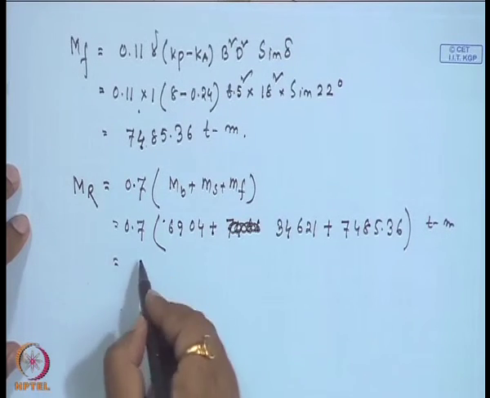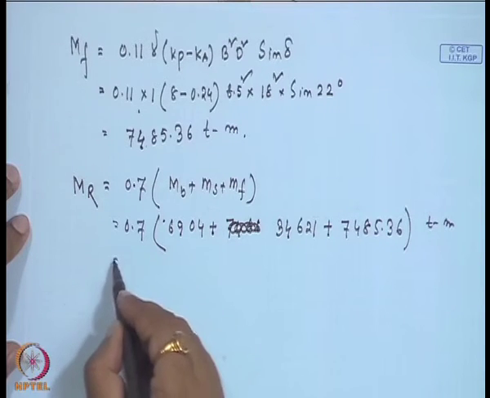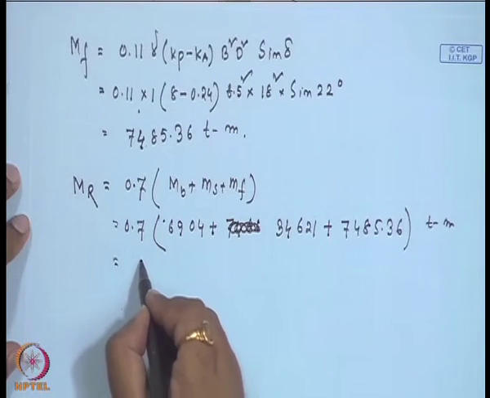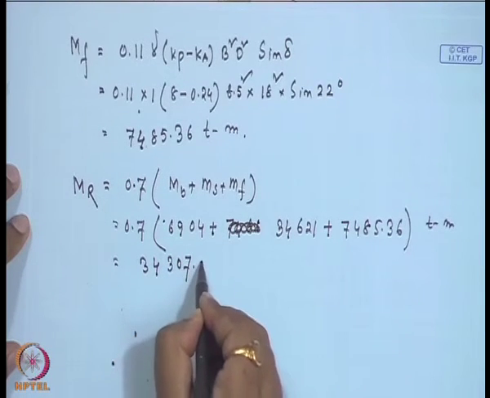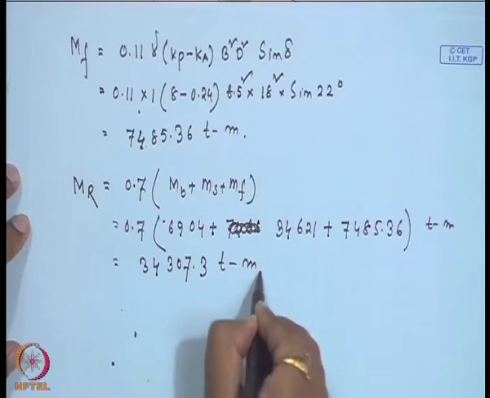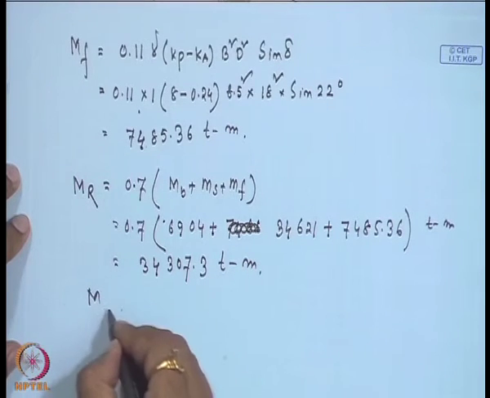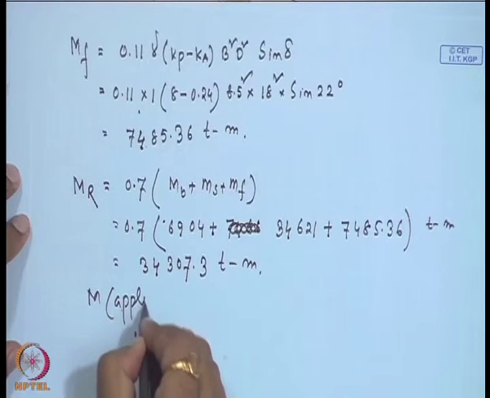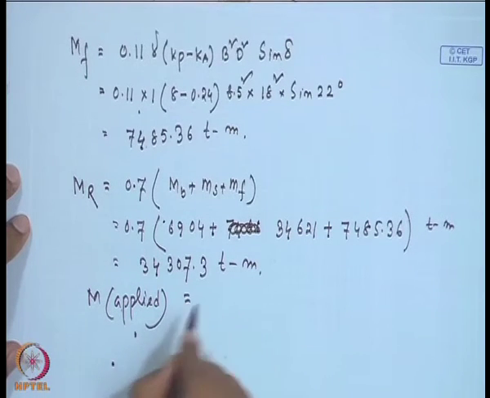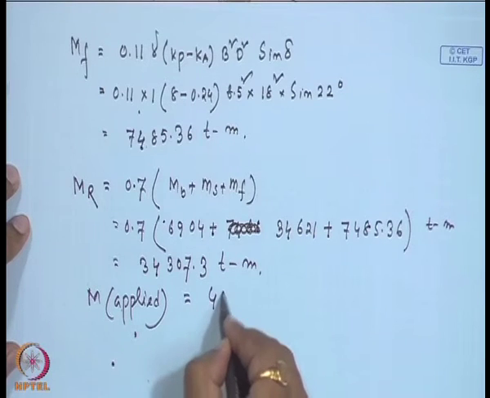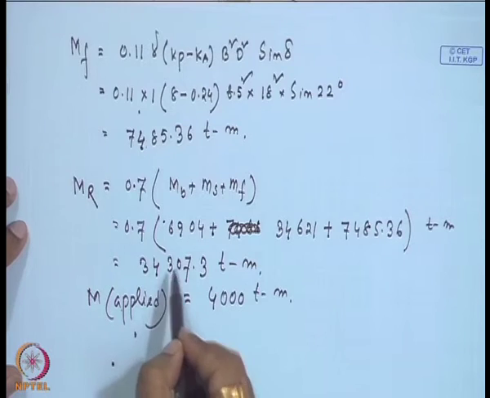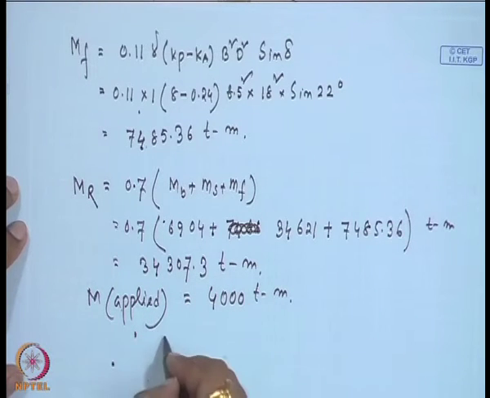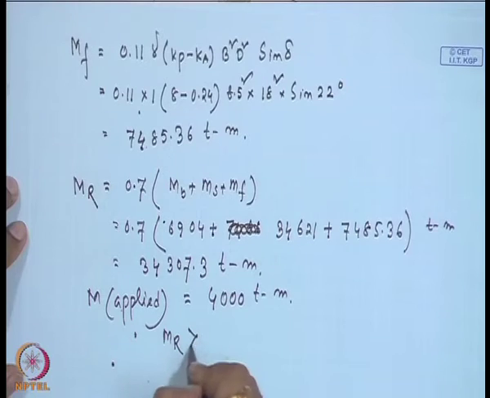So, ultimately M r, the total resistive moment, is 34307.3 ton meter, and M applied, the load at the scour level, which is given, is 4000 ton meter, whereas this is 34,307 ton meter. So, we can say that M r is greater than M applied.